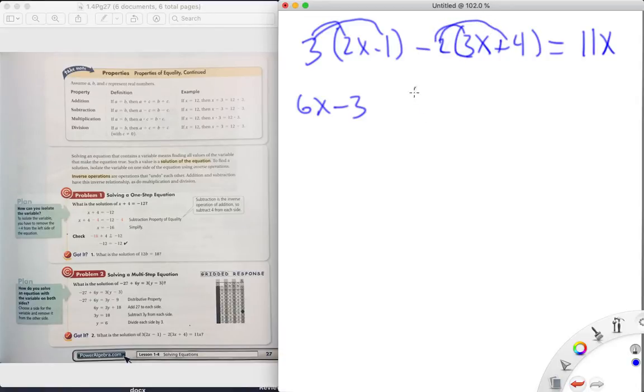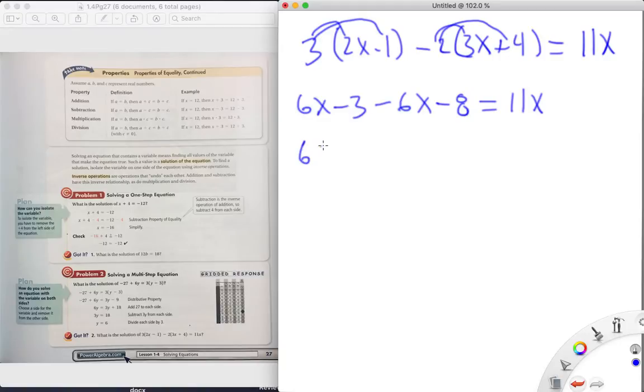So negative 2 times 3 is negative 6x. How convenient. Negative 2 times 4 is negative 8. I'm not getting a funky number. And it's going to equal 11x. I haven't done anything to the other side. I'm going to use the commutative property and rearrange this a little bit.